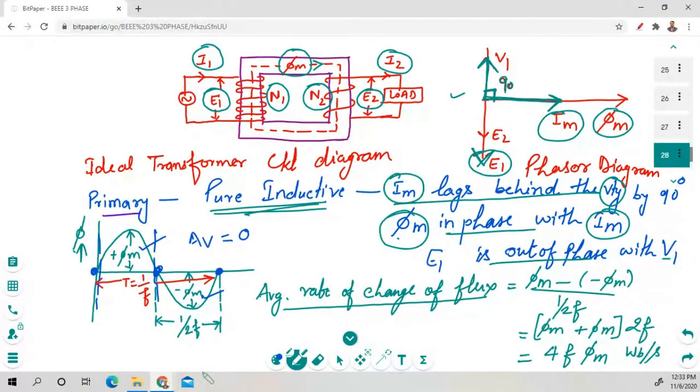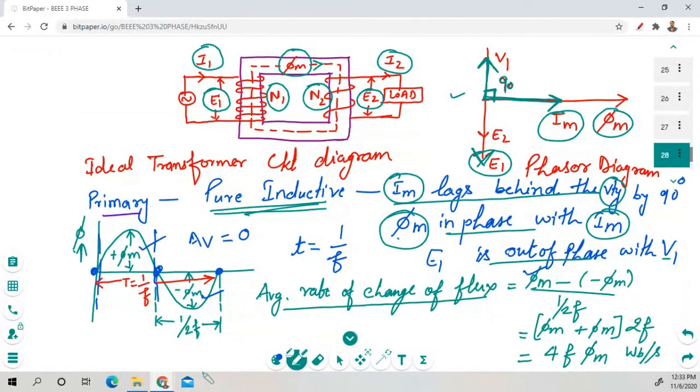For calculating the average, we have to consider the flux phi m of the positive cycle and minus flux of the negative cycle. Then we have to divide it by 2. Why do we have to divide it by 2? This complete cycle is represented by T. So how to calculate T? T is equal to 1 upon f, so time is equal to 1 upon frequency.